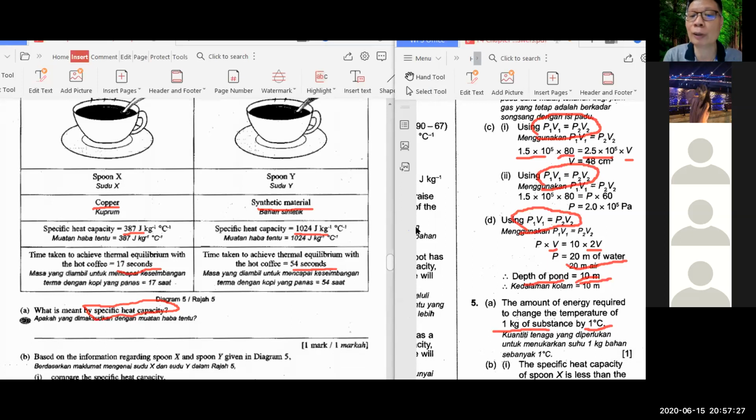I'm serious. Next time you can teach your children. Amount of heat energy required to change the temperature of 1 kilogram of substance by 1 degree, because specific means 1 kilo, 1 degree. So remember the meaning, the definition. Understand?